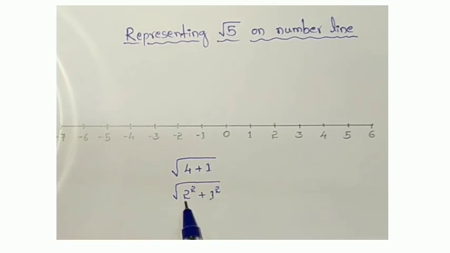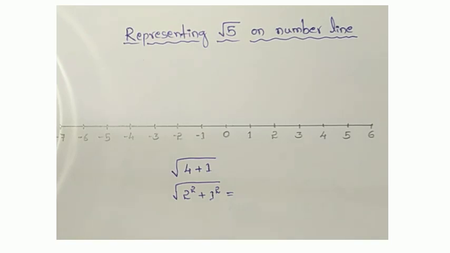Here we get the square roots of the base and height of a right angle triangle. First we have to draw a base of 2 centimeter and a height of 1 centimeter for a right angle triangle.